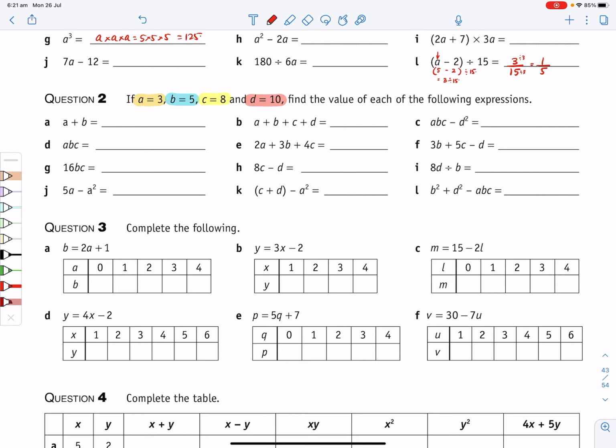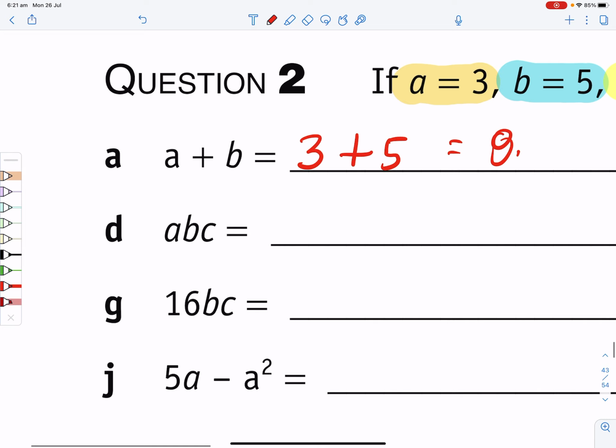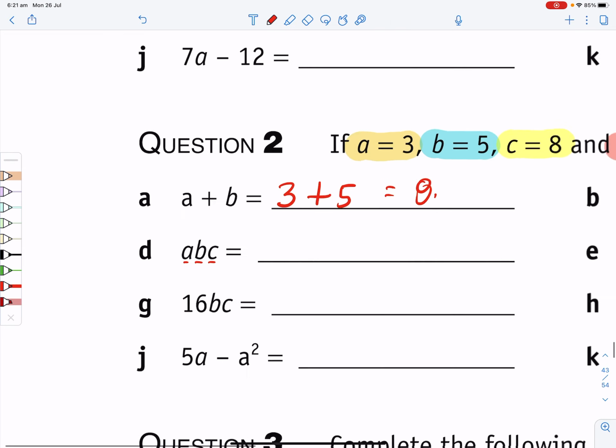And that's fine. Question 2a is a plus b. So you're going to do a plus b. Remember they said that a was 3 and b was 5. No problem. Which is equal to 8. Question D is a times b times c.